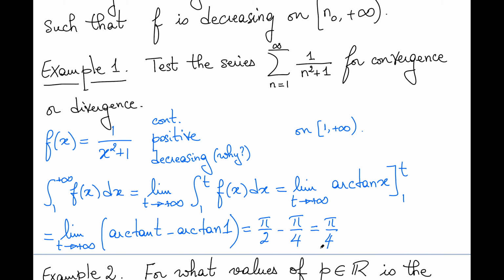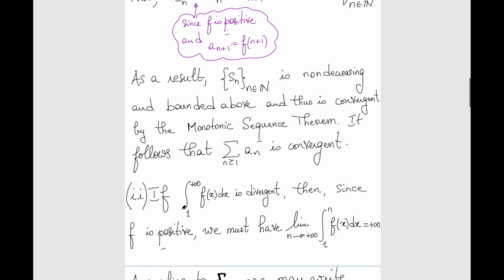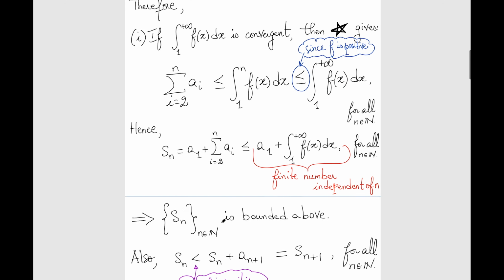I don't care what the number is, to be honest, as long as it's a finite thing. Why is this useful? Because at this point we can just say that this is a convergent improper integral. As such, the corresponding series is also convergent.